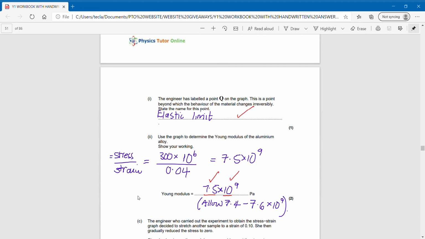Allow a range of values between 7.4 and 7.6. So one mark here is for 7.5, the second mark is for the 10 to the power of 9. It's easy to miss the fact that it's 300 megapascals on the stress axis, so that's why this 10 to the 9 is given as a mark here.